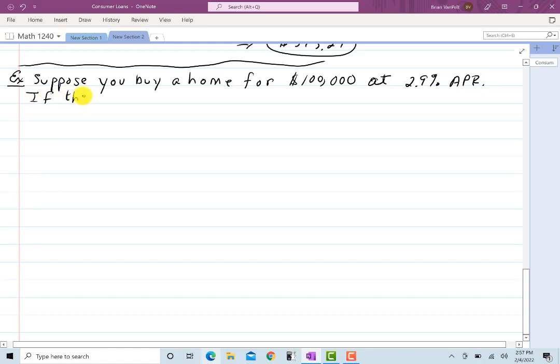If the loan is for 30 years, what are your payments?